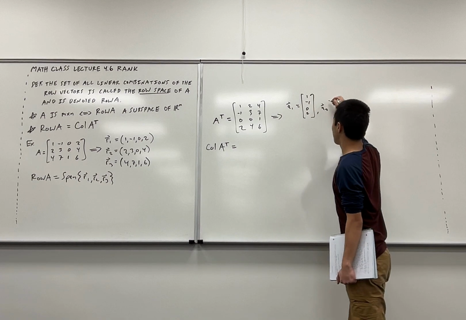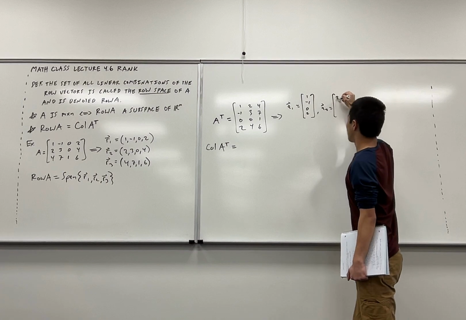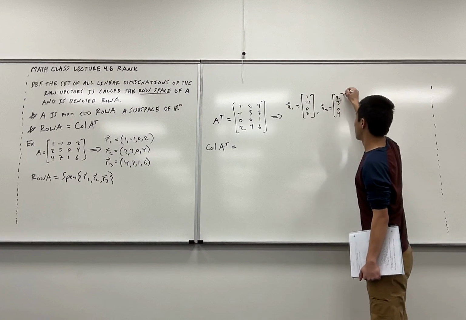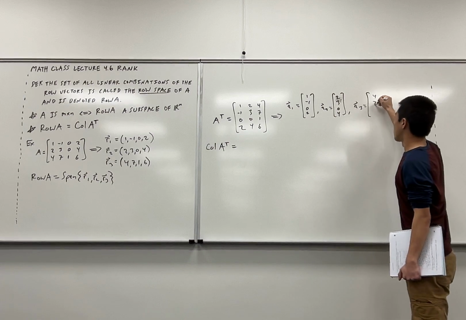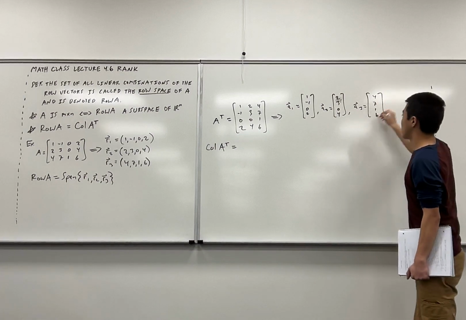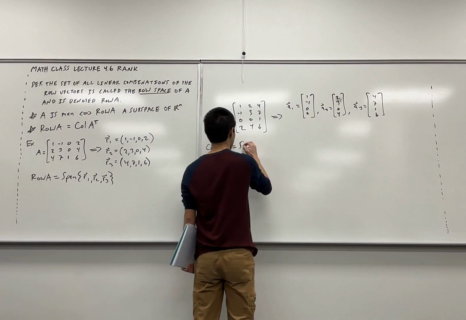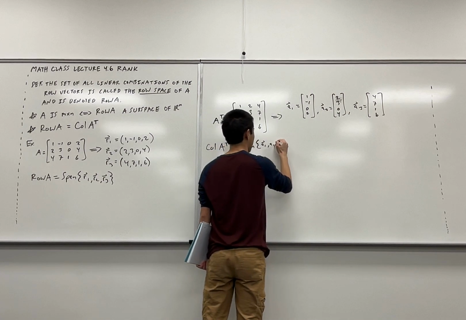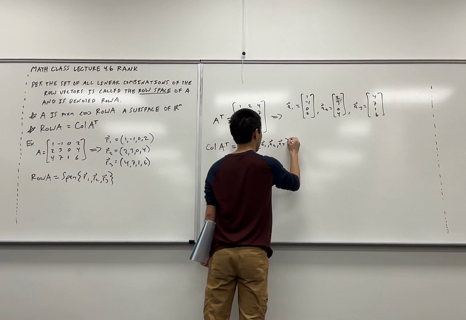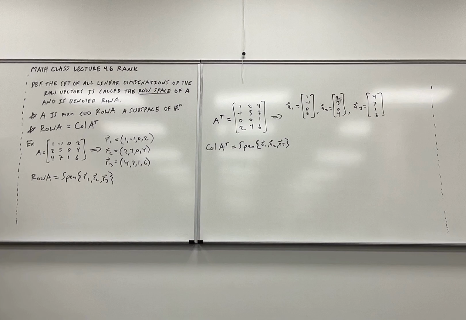And A2 is 2, 3, 0, 4. And the third column is 4, 7, 1, 6. So then my column space is definitionally the span, all linear combinations of my columns. So you can see how we're talking about the same stuff, okay?